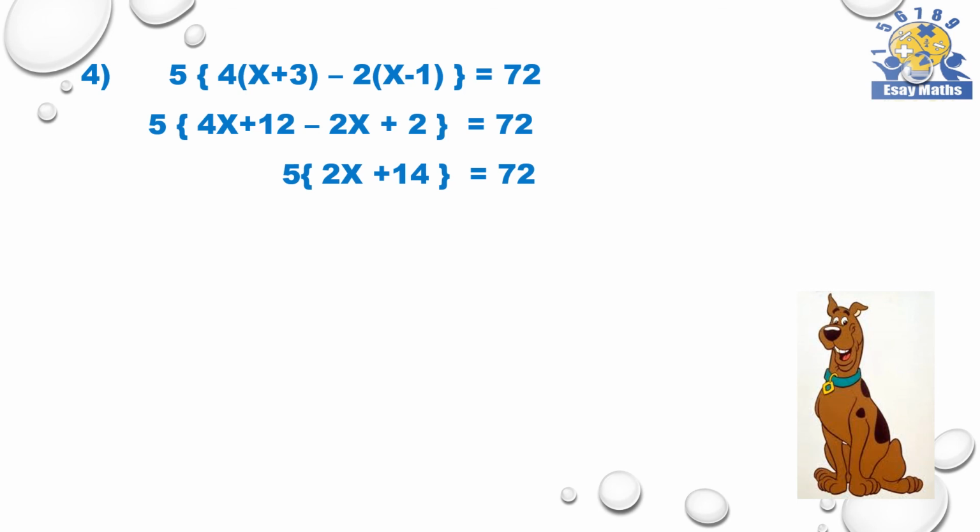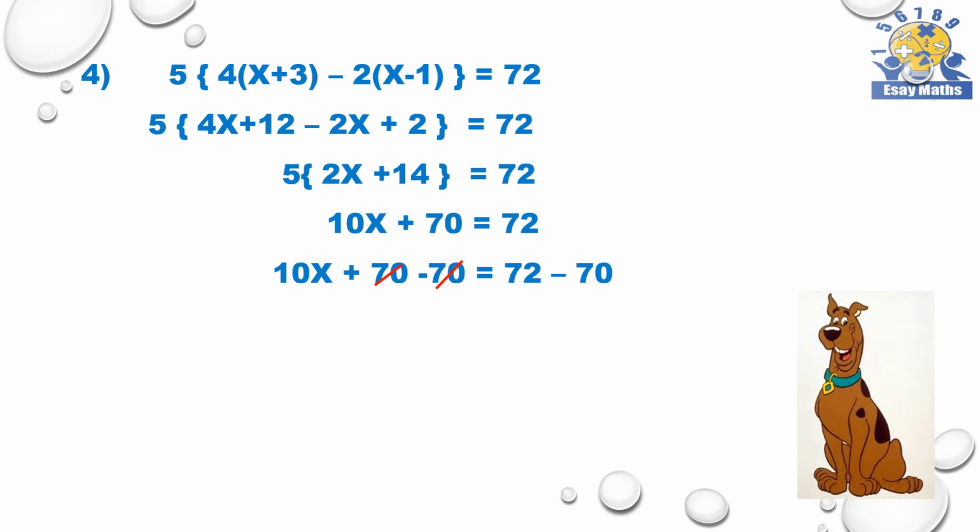In here we are using the same curly brackets. Now we should remove the brackets again. 5 into 2x, it's 10x, plus 5 into 14, it's 70. So 10x plus 70 is equals to 72.